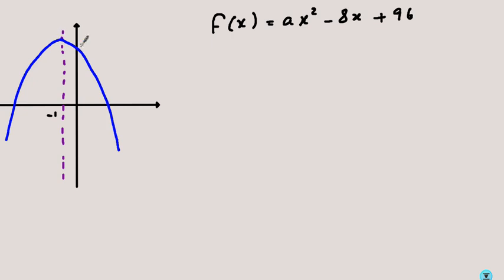And we know that the x-coordinate of the vertex is given by -b over 2a. And this equals, obviously, -1. Substituting for b, negative of -8 is 8, divided by 2a gives us -1, and this implies that a is a negative value, of course, and it's -4.